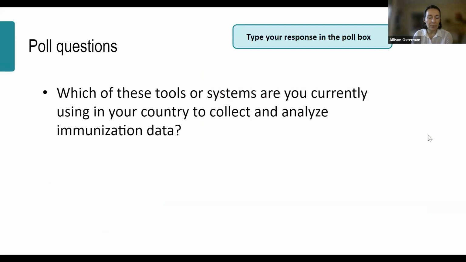It's a multiple choice question, so you should have the ability to select the various systems. If you're using multiple ones, you should be able to select multiple. We'll give everyone about 30 seconds to answer, and then we'll share the results. And also, if there are tools or information systems that you're using that you don't see here, please feel free to type them in the chat and share with us what you're using.